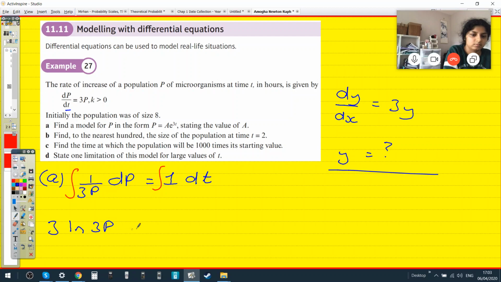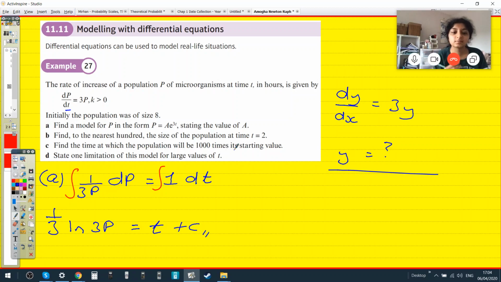Are you sure it's a third? I think so. Okay. And what was it equal to? t. Yeah. That's it. I'll just write in plus c.